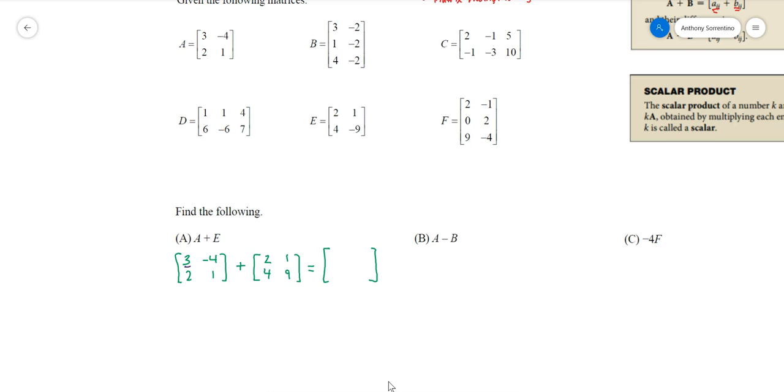So I'm going to add the 3 and the 2 and get 5. The negative 4 plus 1 is going to give me negative 3. The 2 and the 4 is going to give me a 6. And the 1 and the 9 is going to give me a 10.